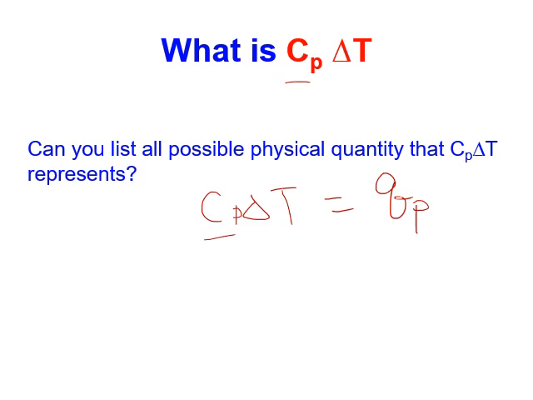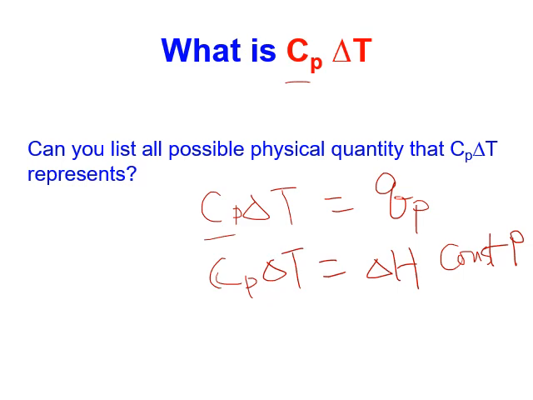Now second, if pressure is constant, we showed that heat equals a state function delta H, and therefore Cp delta T also equals delta H under constant pressure. Because this comes from the first law, it applies to any gas. So if it's constant pressure, then for any gas, delta H is Cp delta T.